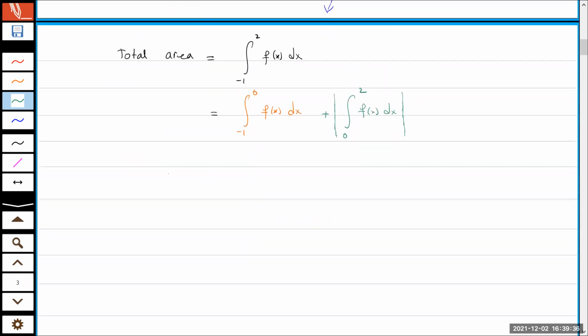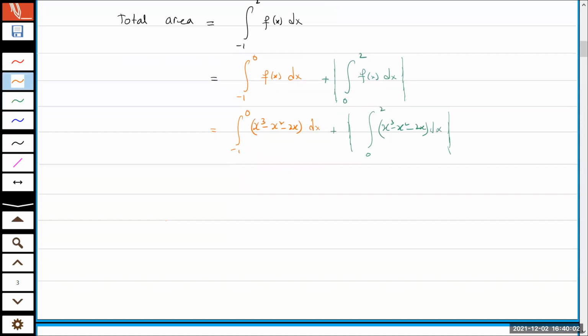Let's do the integrals. This equals -1 to 0, our function was x cubed negative x squared negative 2x dx, and then plus absolute value 0 to 2 x cubed negative x squared negative 2x dx.